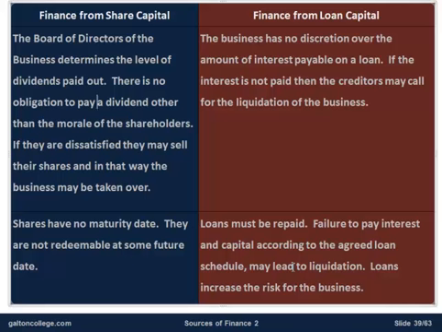It may lead to the business closing down. Loans increase the risk for the business. Quite a bit to think about in terms of the difference between finance from share capital and finance from loan capital. Very important distinction.